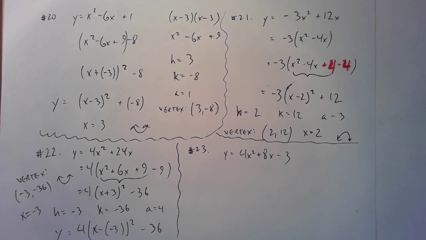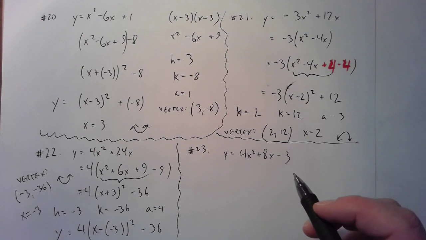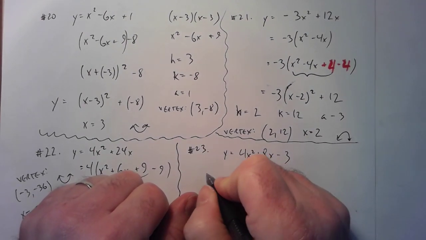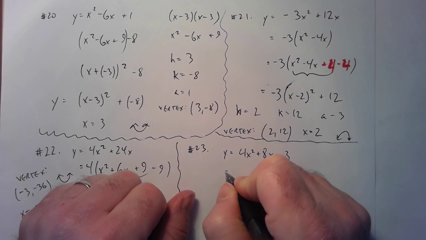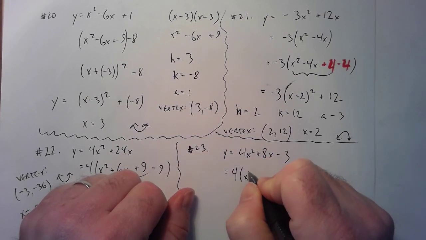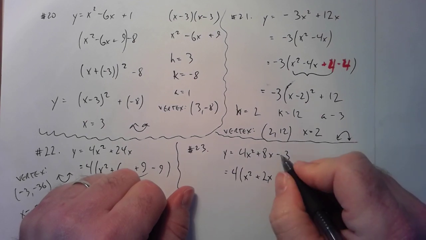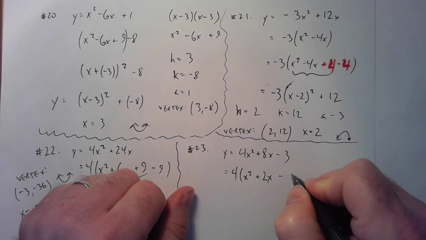To factor a 4 out of there would be a little tricky, but I mean, we'll have a fraction sooner or later. I guess I'll just have it now. If you factor out a 4, then this is equal to 4 of x squared plus 2x minus 3/4.